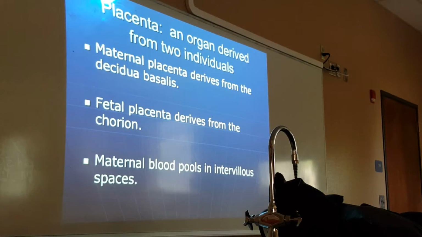So these little finger-like projections, the syncytial trophoblasts, tapped into maternal blood vessels. So we have maternal blood just running into tissue spaces, and the chorionic villi protrude up into maternal blood. The chorionic villi are a part of the fetal placenta.